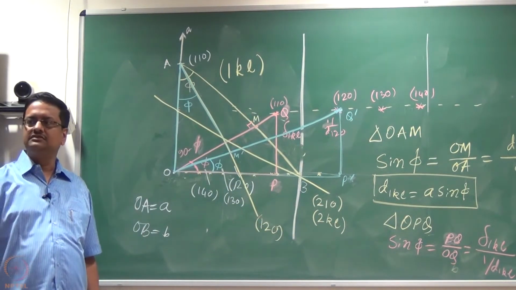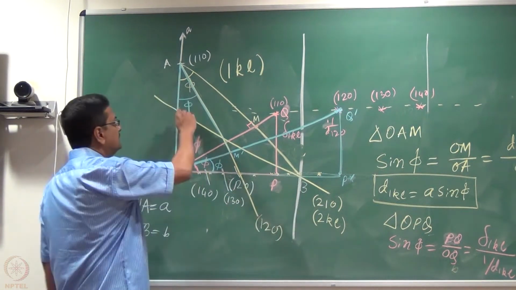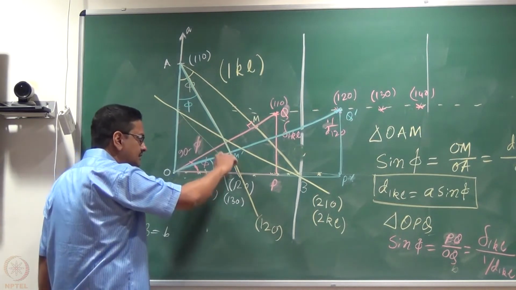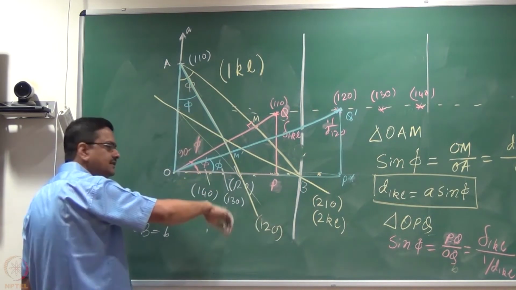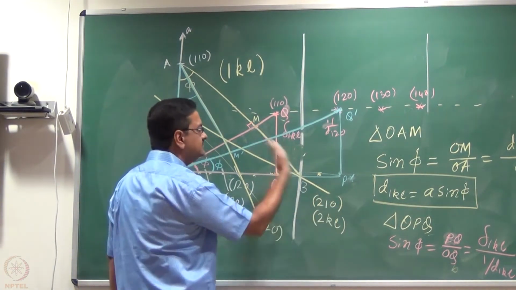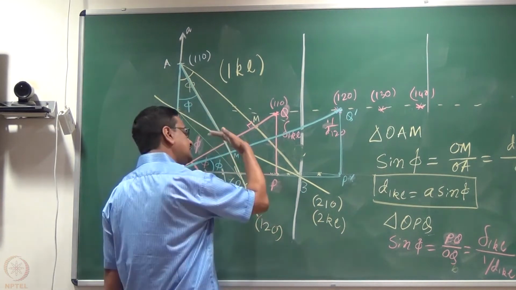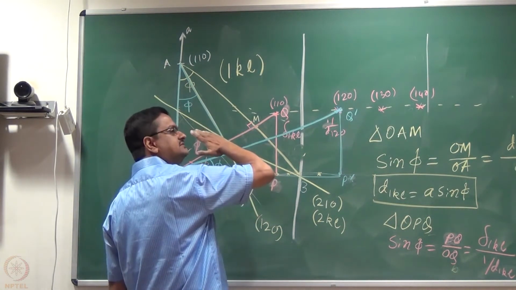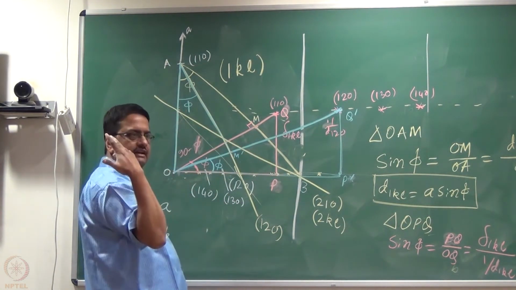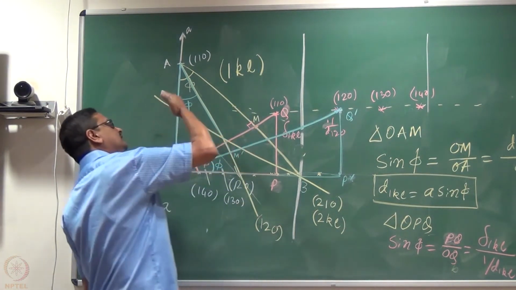K can be 1, 2, 3, 4. If K is 1, 2, 3, 4, the planes are like this, like that, and so on. And when the L is not 0, here L is 0 because it is parallel to Z. When L is not 0, that means it is cutting Z somewhere. So exactly the way it was doing, these are all like that.